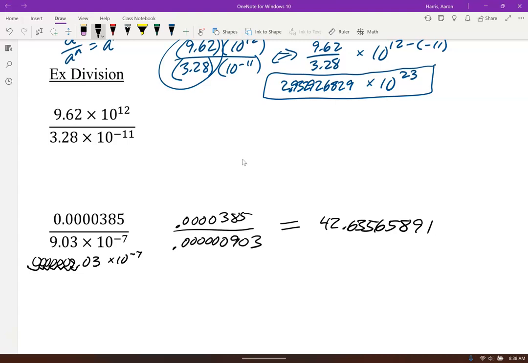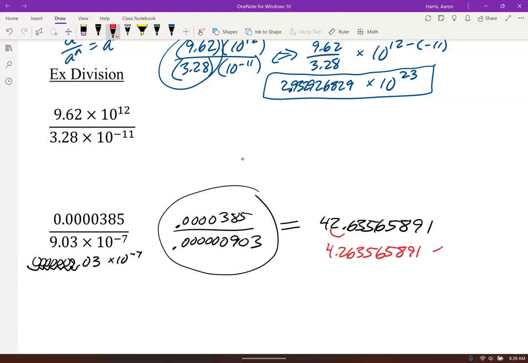It's funny, my TI-84 just said error, it couldn't handle it. So I'm kind of surprised that Desmos did it. That's pretty solid. So let's move this over one: 4.263565891 times 10 to the 1.